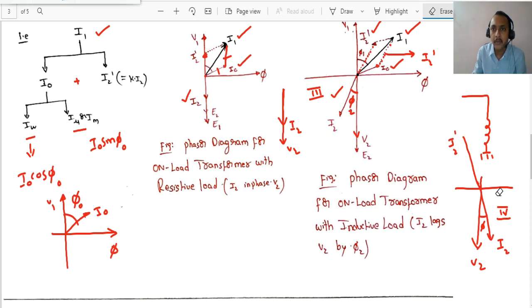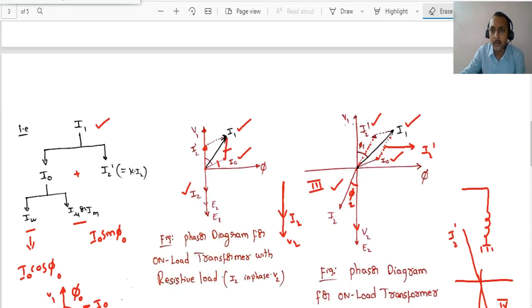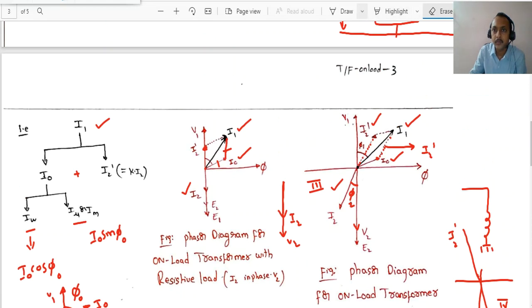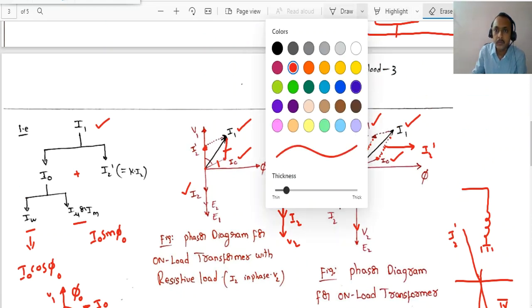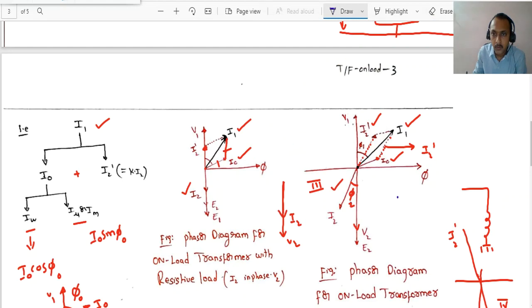One is the angle between V1 and I0, that is phi naught, and the other is the angle between V2 and I2, that is angle phi 2.